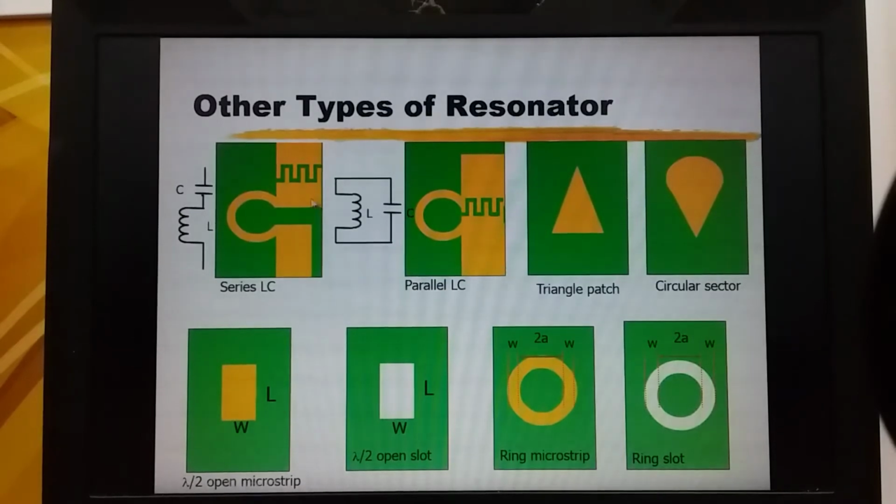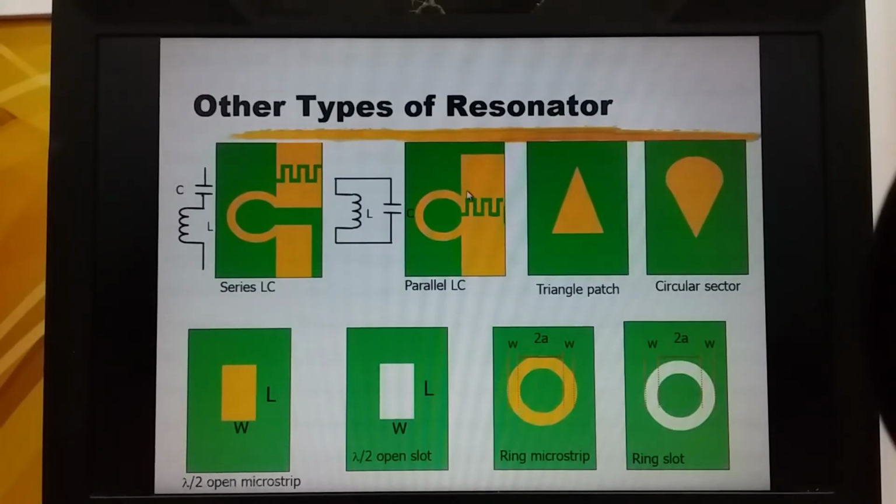However, as we mentioned earlier, this series inductor and series capacitor will give us a resonator with much lower Q. The same goes for parallel resonator consisting of an inductor made from a thin transmission line and a parallel capacitor made from an interdigital structure. The Q will be very low.